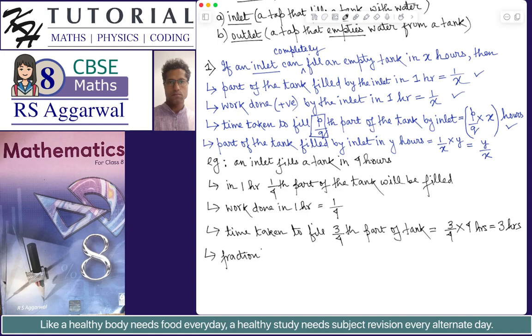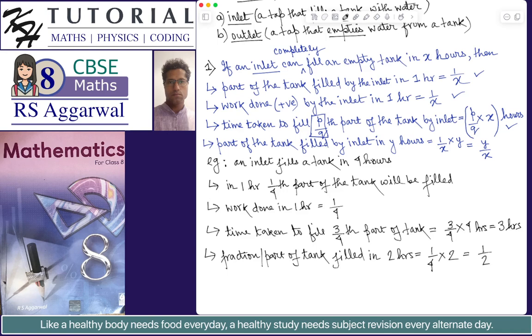The part of the tank filled in 2 hours will be 1 by 4 multiplied by 2. So you see the formula is 1 by x multiplied by y. So 1 by 4 multiplied by 2 is equal to half.